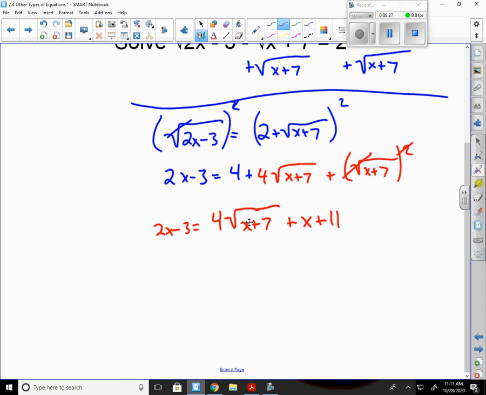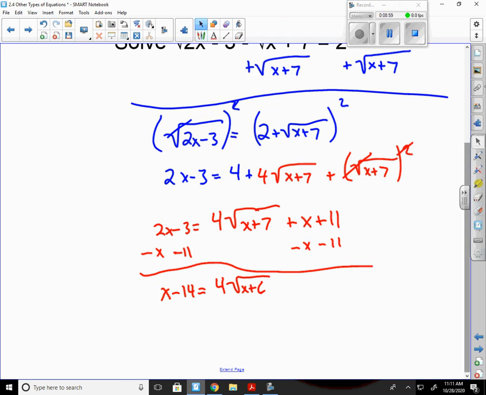Okay, what do I do at this point now? Because I still have this square root. Now I'm going to get all of this to the other side and square it again. So subtract my x, subtract my 11 from both sides. That gives me x minus 14 equals 4 times the square root of x plus 7. I said 7, wrote 6.